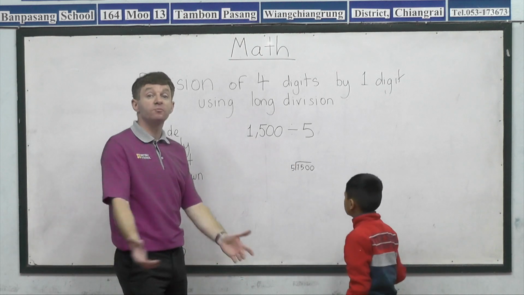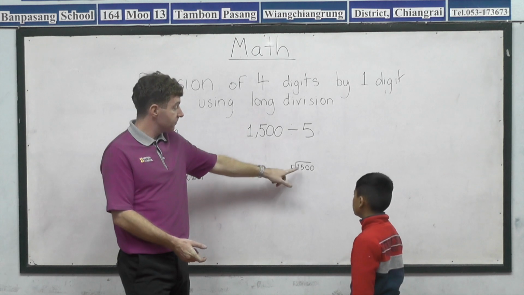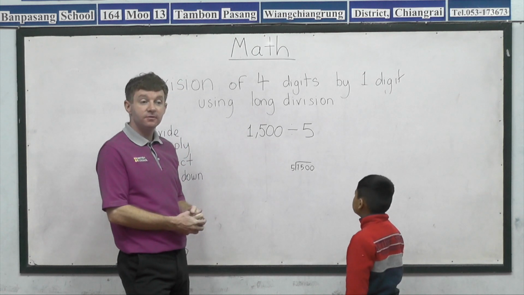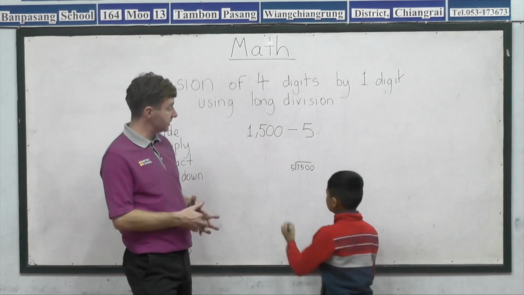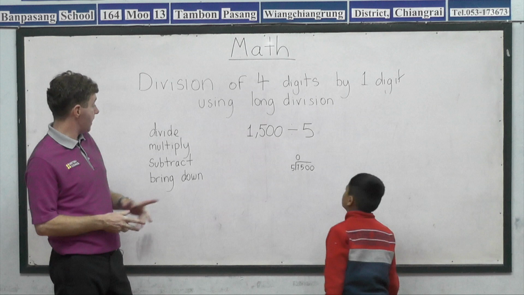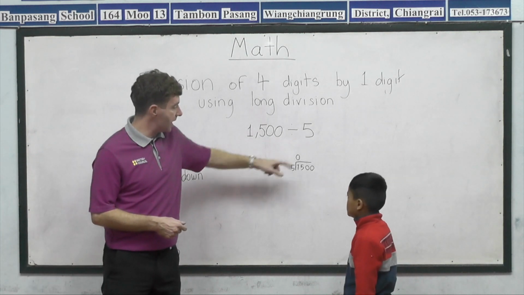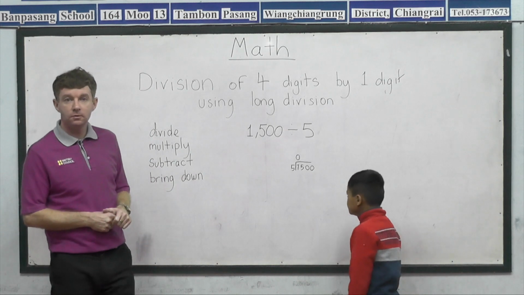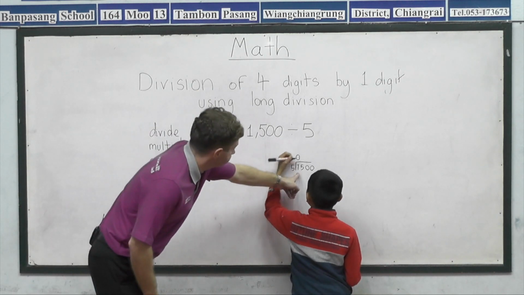Okay, so now we just begin our long division process again. 1 divided by 5. 0. We cannot do it, so we'll write 0 on top. Next, we multiply. 5 times 0 equals 0. So we'll write 0 in here.